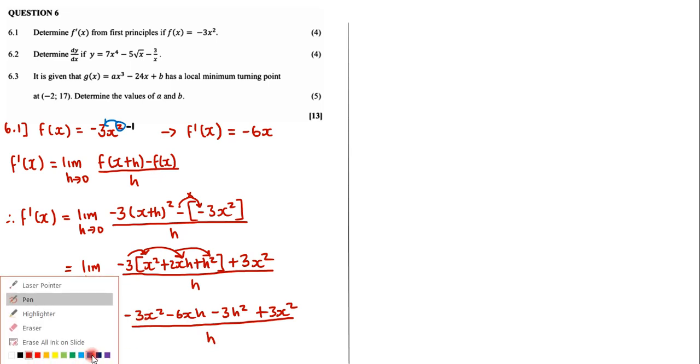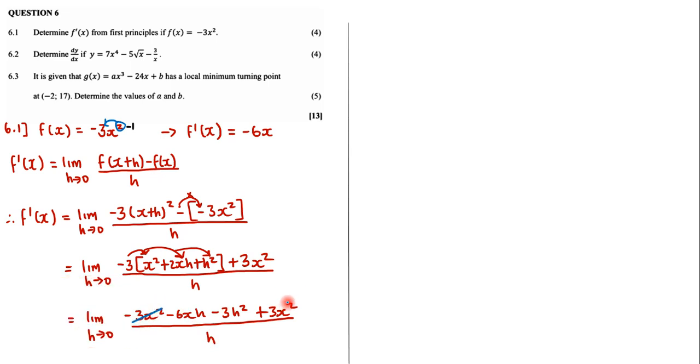Then notice that here, this minus 3x squared cancels with that, but I still have my limit. So keep f prime x as the limit as h approaches 0. Then now at the top, I'm left with minus 6xh and then minus 3h squared. Now this will still be over h.